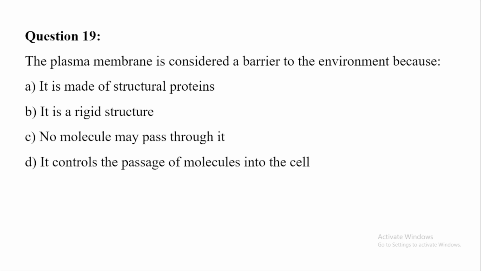Some cells have only a membrane, some cells have both membrane and cell wall. So, plasma membrane is that covering of the cell. All the cells have a plasma membrane. Some cells have a cell wall outside that plasma membrane, some cells don't.